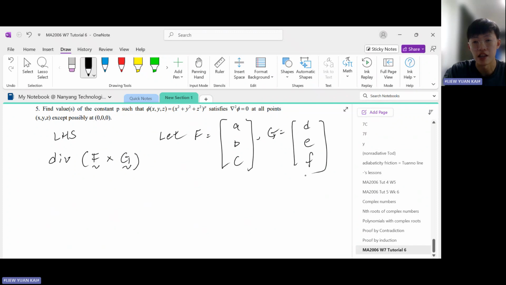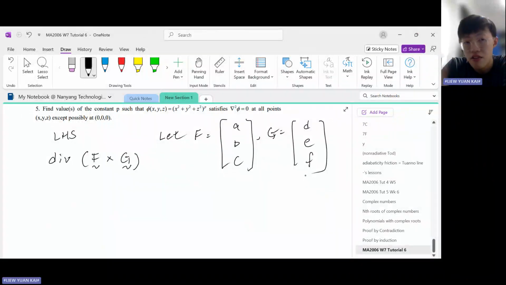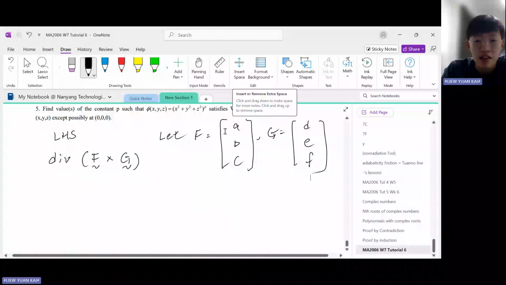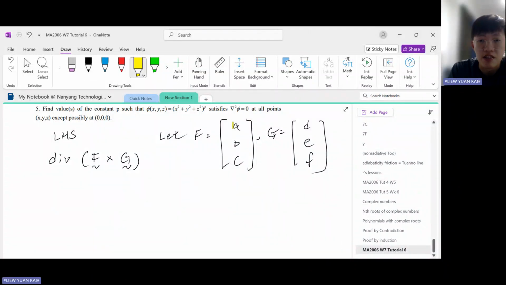Take note: a, b, c, d, e, f represent functions. They don't represent letters. These are all functions of x, y, z. So a is a function of x, y, z, b is a function of x, y, z, c, d, and so on and so forth.